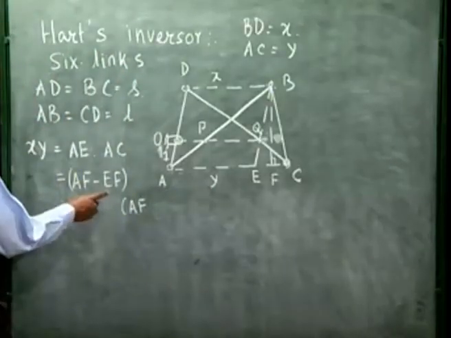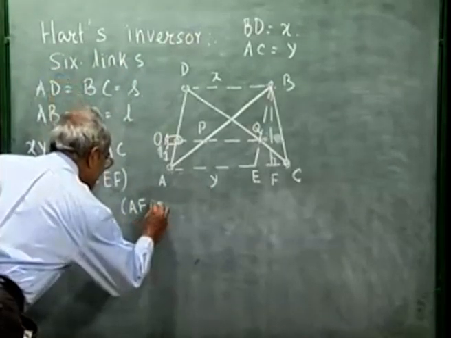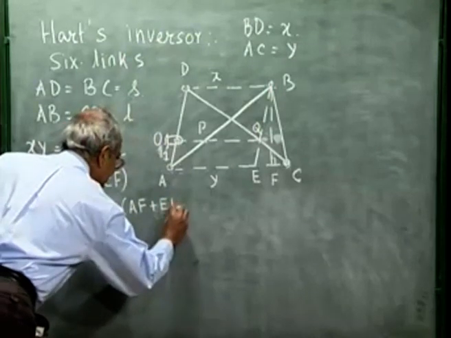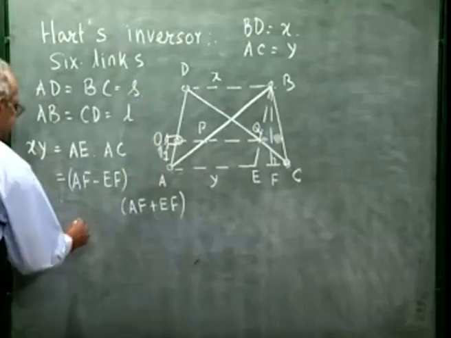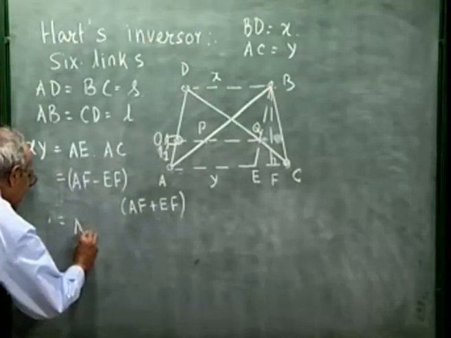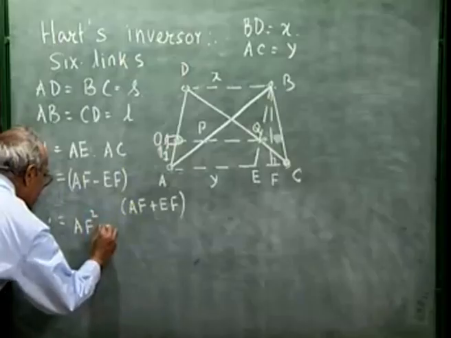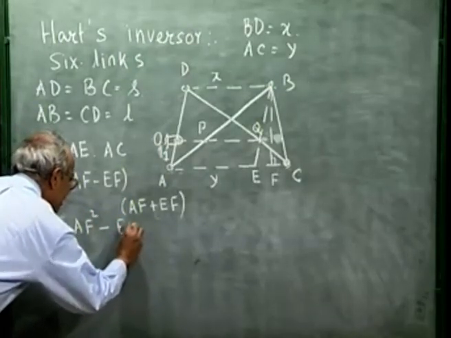So AF plus FC, that I can write AF plus EF. So this we get AF squared minus EF squared.